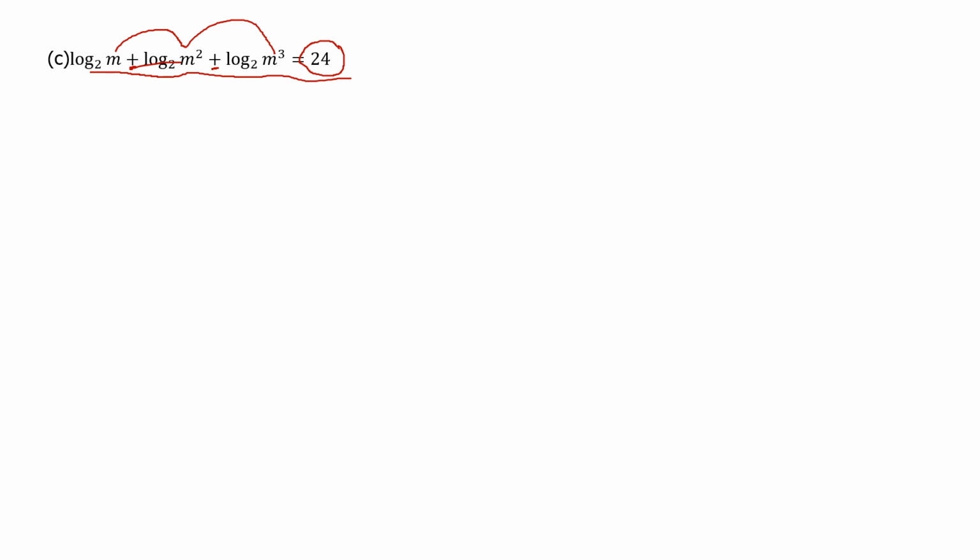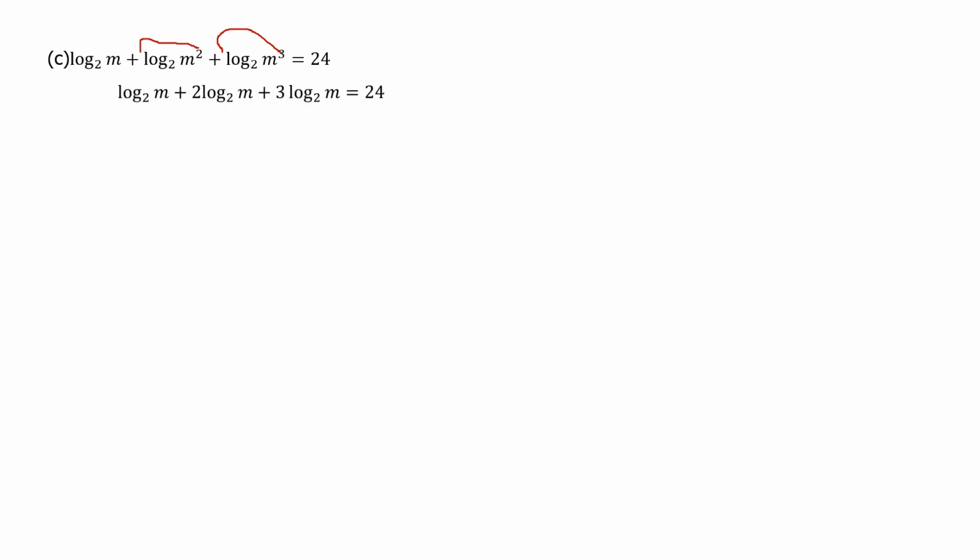Then you make the 24 have a log base 2 on the right hand side, then you continue solving. Or the one we are going to use here is we make the 2 somersault there, then the 3 also somersault there.